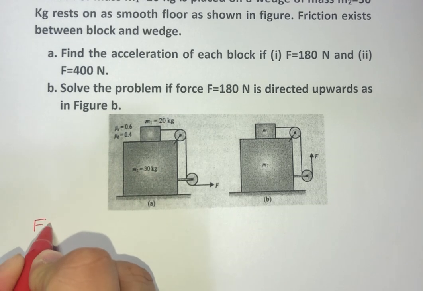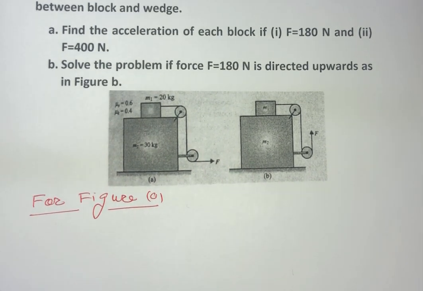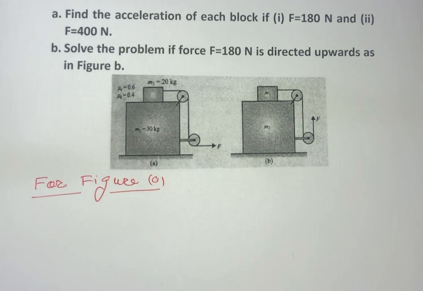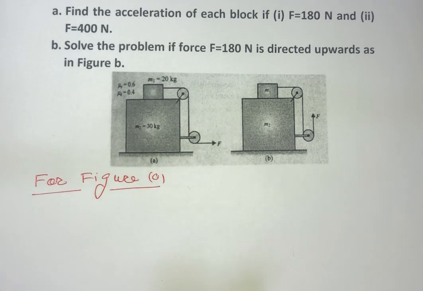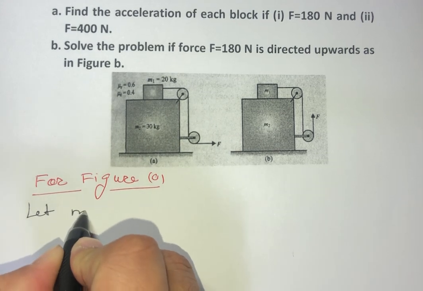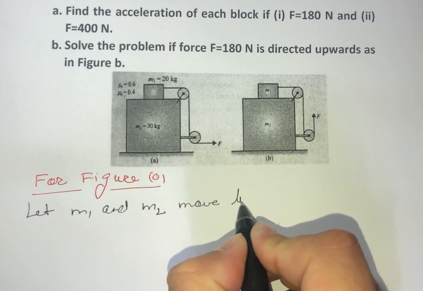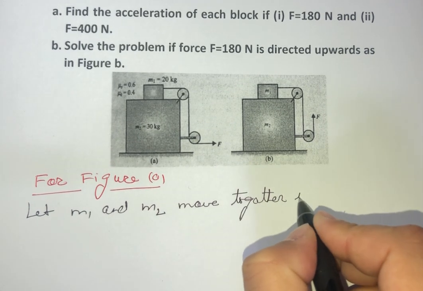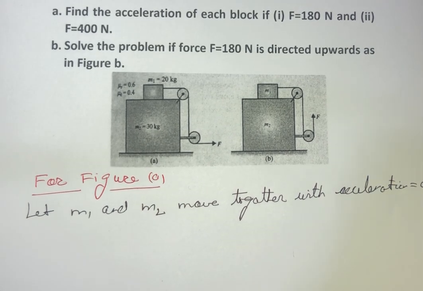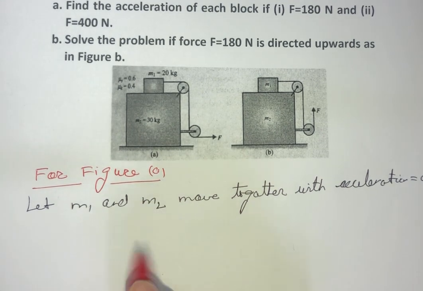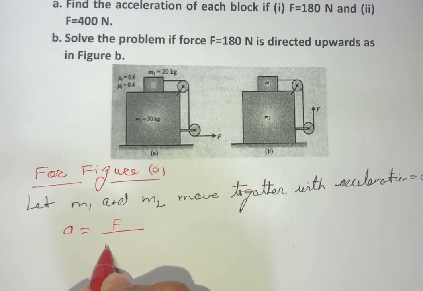For figure A, let's, for the assumption's sake, assume that M1 and M2 move together with acceleration A. So the acceleration A will be equal to F upon M1 plus M2.